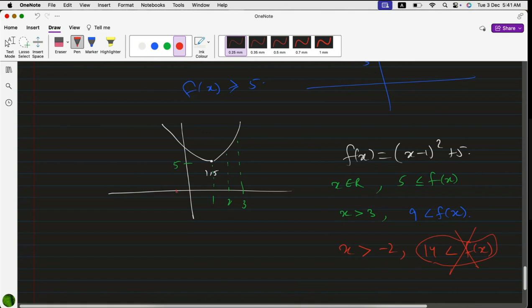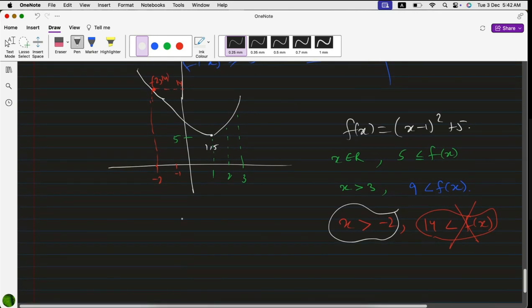See, if we substitute, this is minus 1, this is minus 2. At minus 2, I'm getting minus 2 comma 14, right? This is the value 14. But what does this say? This says the graph is at x = minus 2 and onwards.